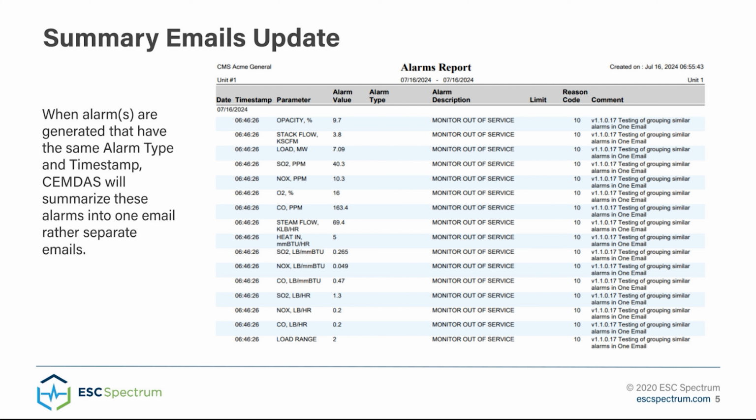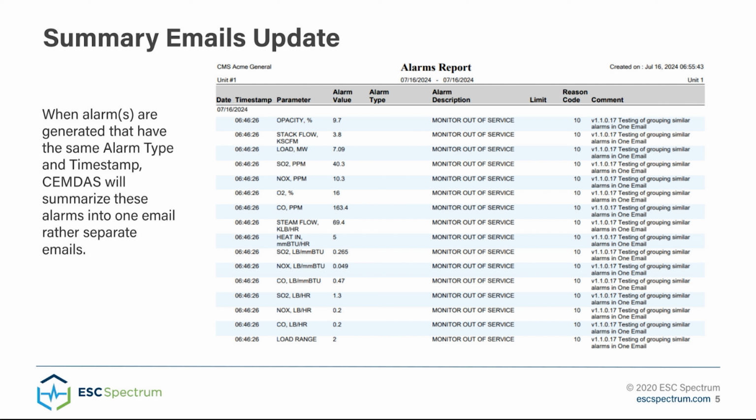In the case of the summary emails update, when alarms are generated from CEMDAS that have the same alarm type and timestamp, you'll see the list on the right-hand side as noted on an alarm report or in the alarm window of CEMDAS.